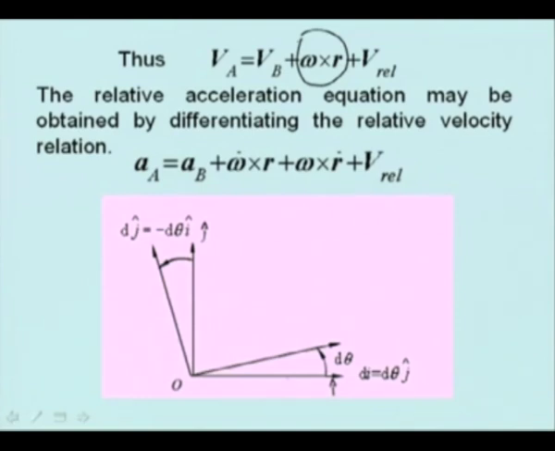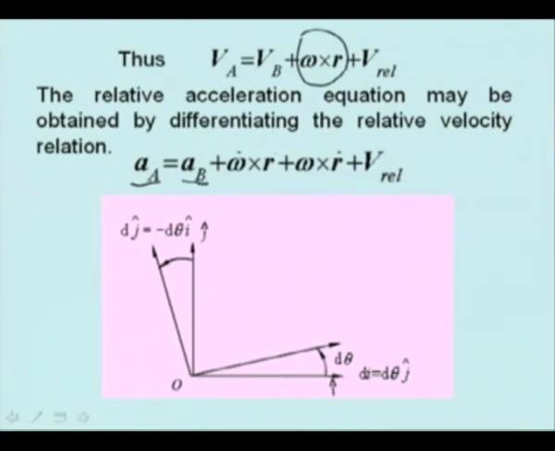Likewise, we can find the expression for the relative acceleration. The relative acceleration equation may be obtained by differentiating the relative velocity relation, V_A equal to V_B plus omega cross r plus V_rel. Differentiate V_A with respect to time, you get a_A. Differentiate V_B, you get a_B.